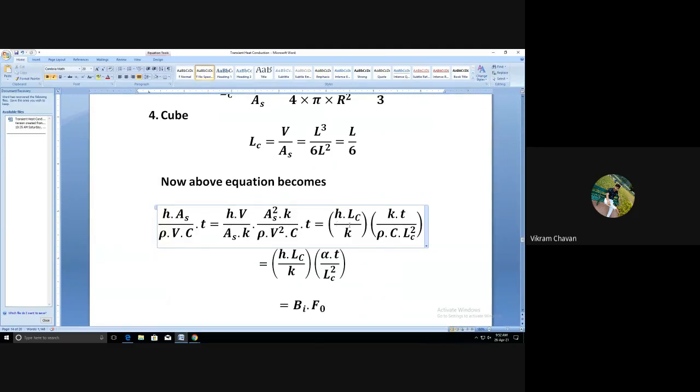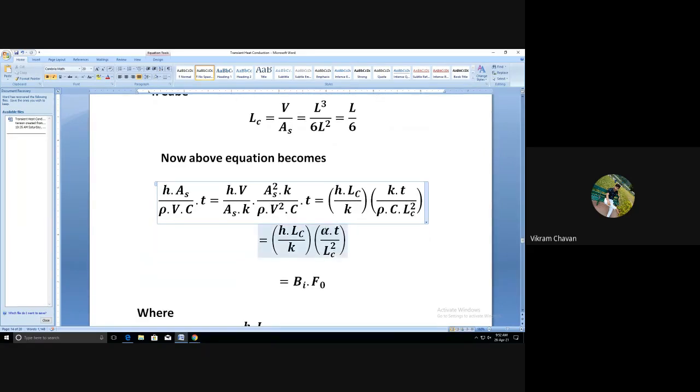So we get the equation as H multiplied by LC divided by K, and in another bracket, K multiplied by T divided by rho multiplied by C multiplied by LC squared. This HLC divided by K will be kept as it is.